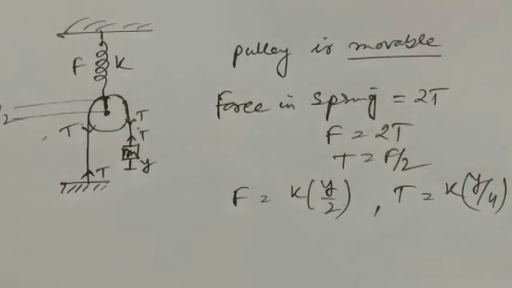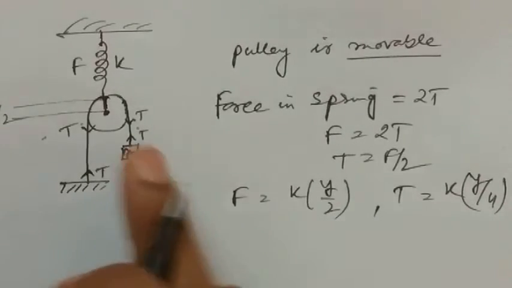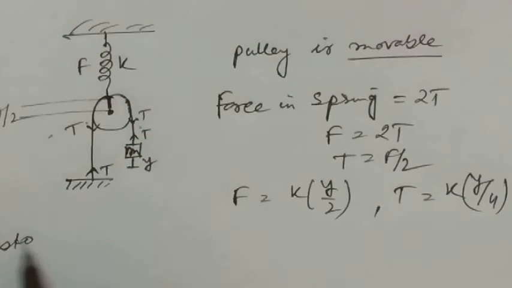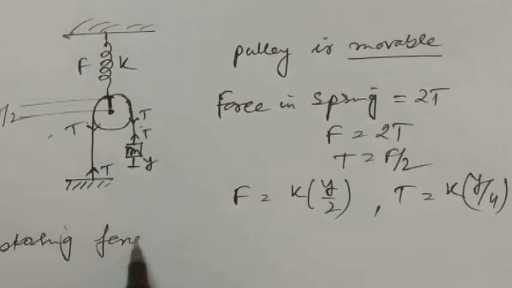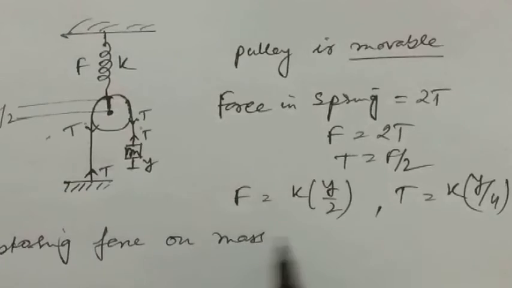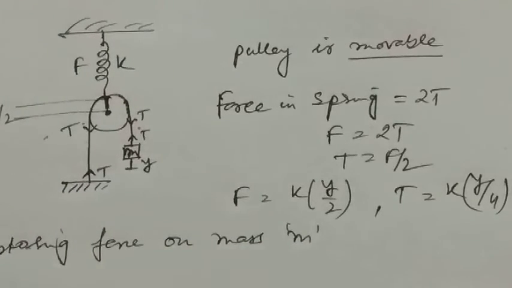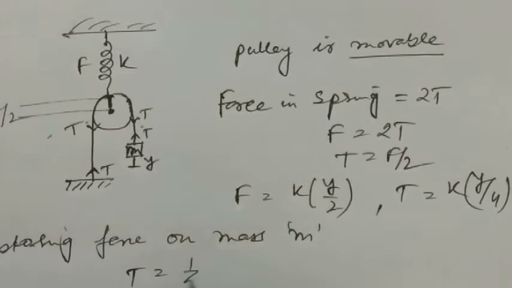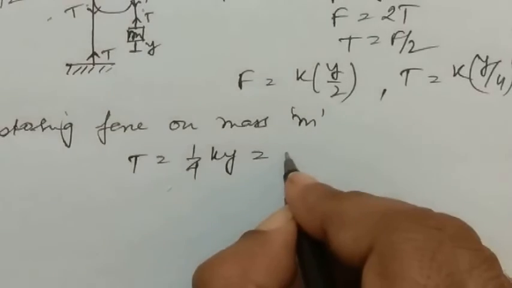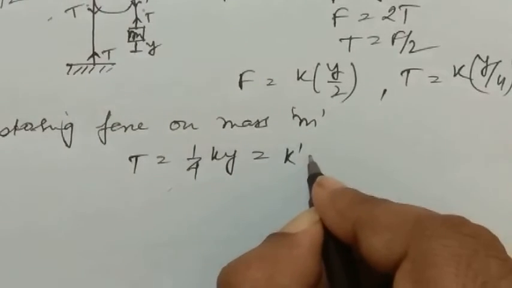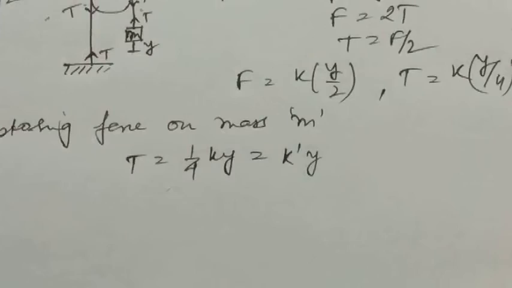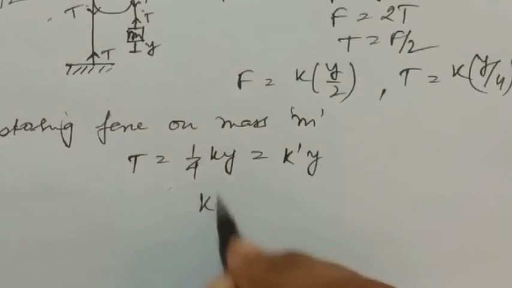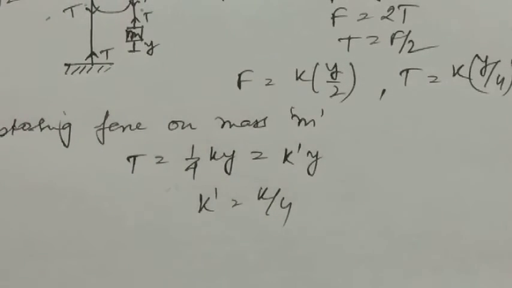So the restoring force on mass M, T is equal to 1 by 4 ky. Suppose k by 4 is taken to be k dash, compared with that equivalent spring, so k dash is equal to k by 4.